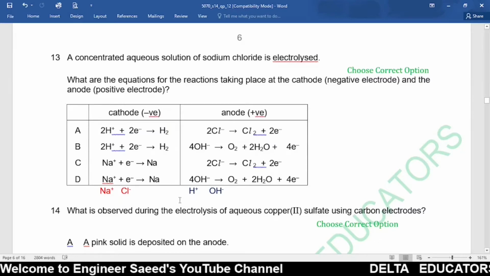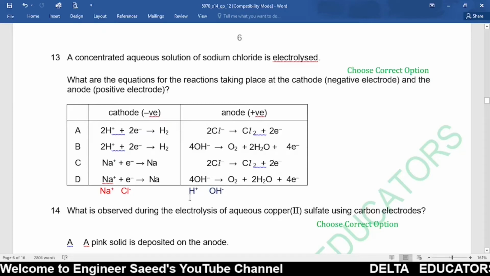In this solution, we have two positive ions that are sodium and hydrogen ion and two negative ions that are chloride and hydroxide ion. Now these positive ions, sodium ion and hydrogen ion, will have a tendency to move towards the negatively charged electrode, towards the cathode.